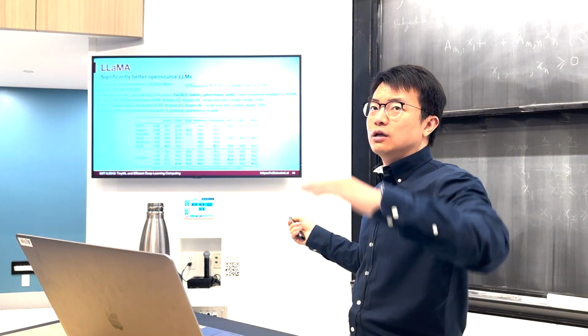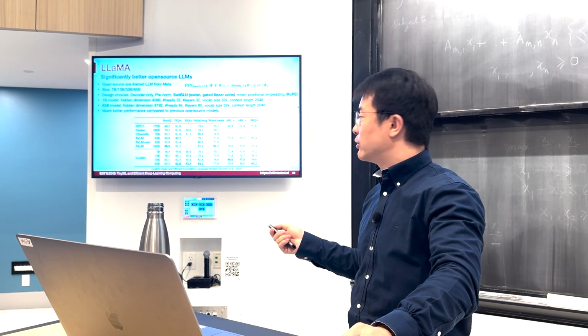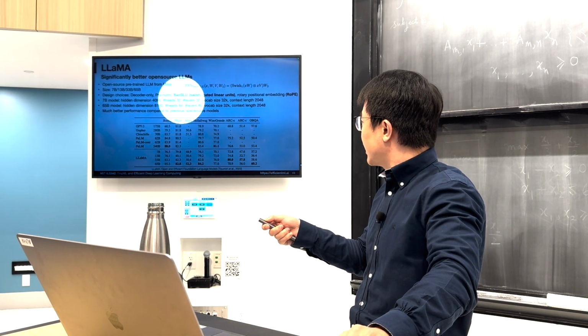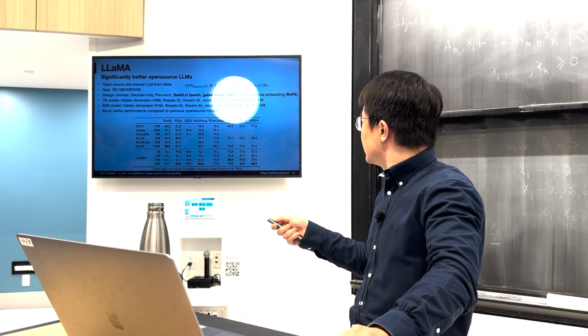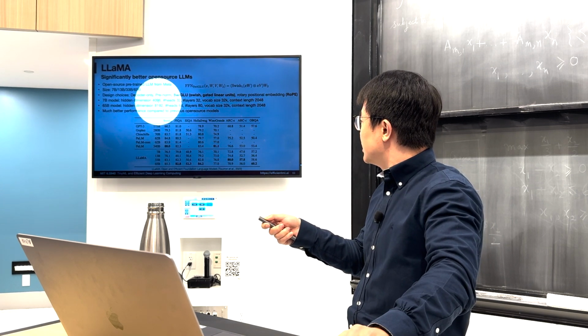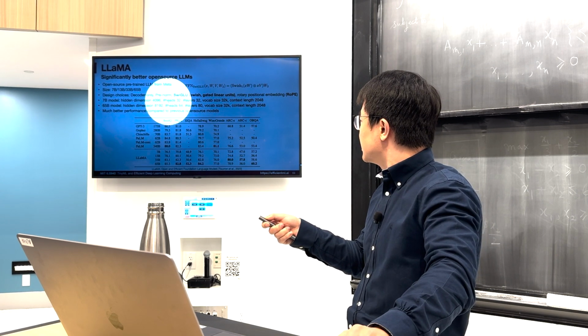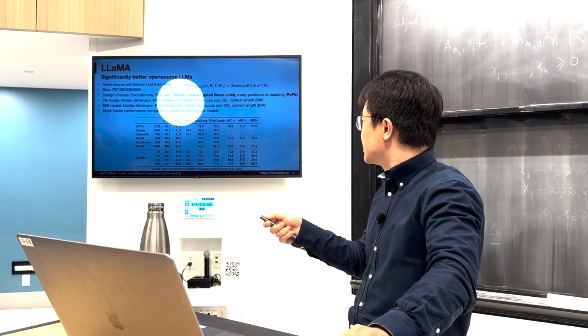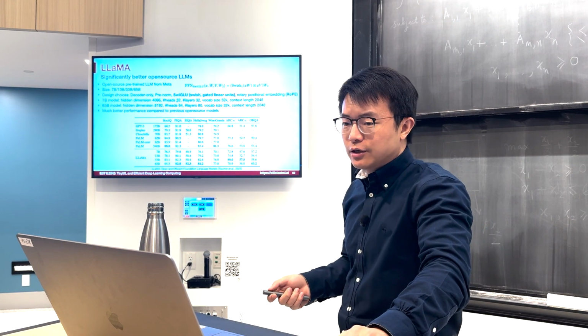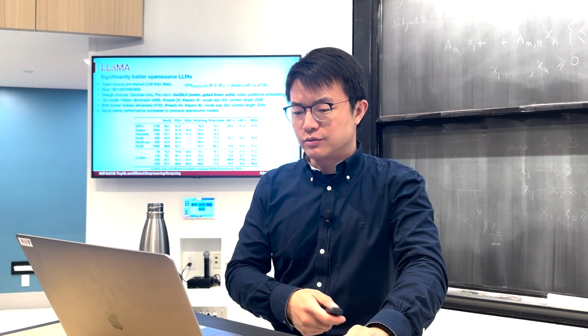The 7 billion parameter model has 32 heads, 32 layers. Context length is only 2K at that time. Hidden dimension is 4K, since the hidden dimension for each head is 128. It has 32 heads, and it has much better performance than the previous open source models.